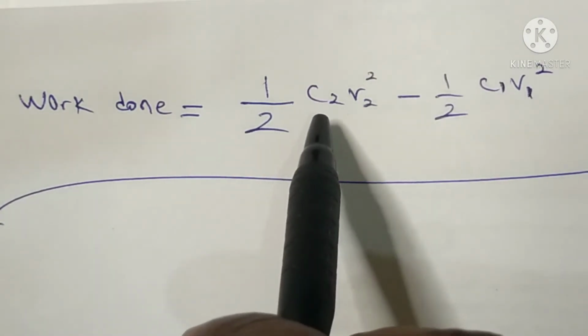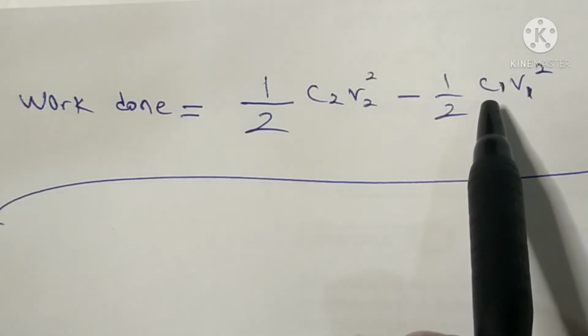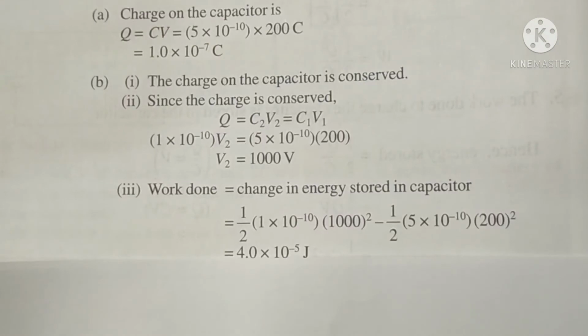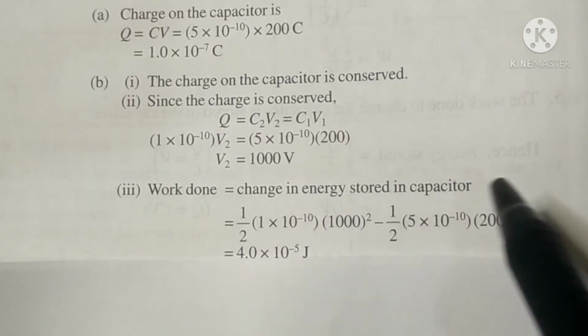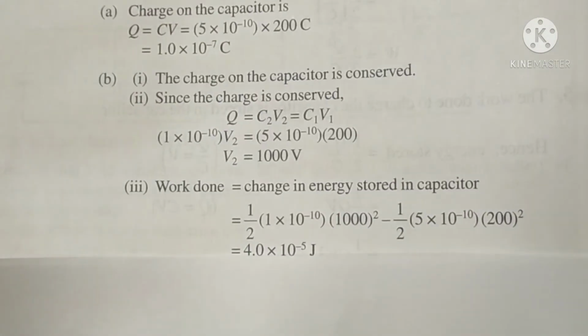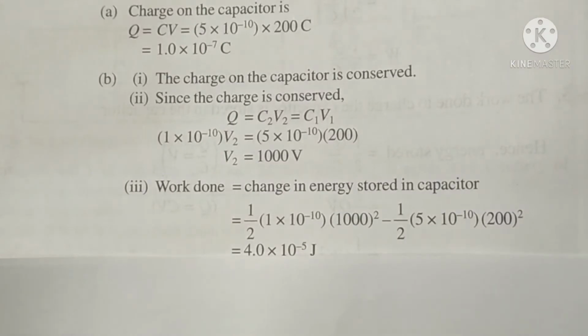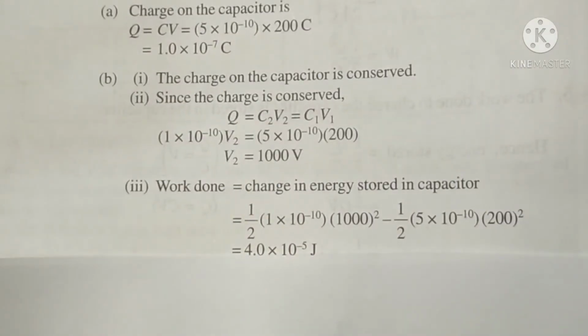C2 is the final capacitance, C1 is the initial capacitance. We substitute all the possible values into this equation to get the work done against the electric field when the capacitance is changed, which is equal to 4.0 times 10 to the power of negative 5 joule. Simple like a bubble without giving you any trouble.